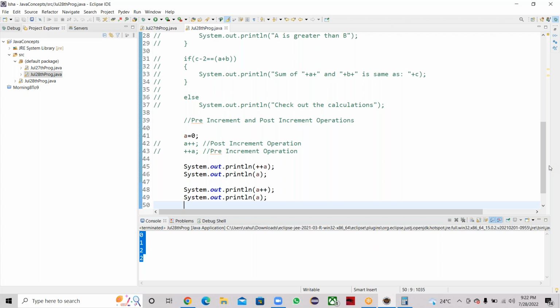No, it will be the same. I'll change my answer. Yeah, it's 0, 1, 2, 2. I think the answer is the same.